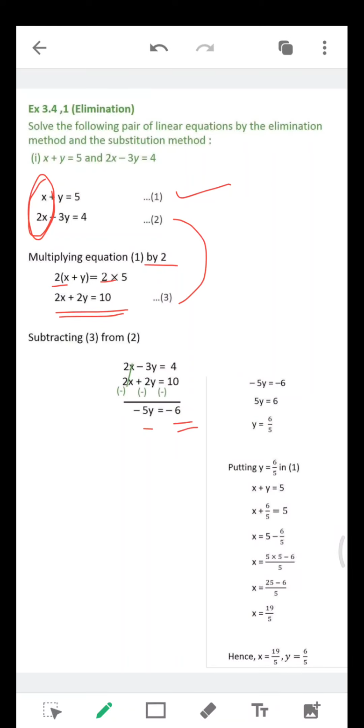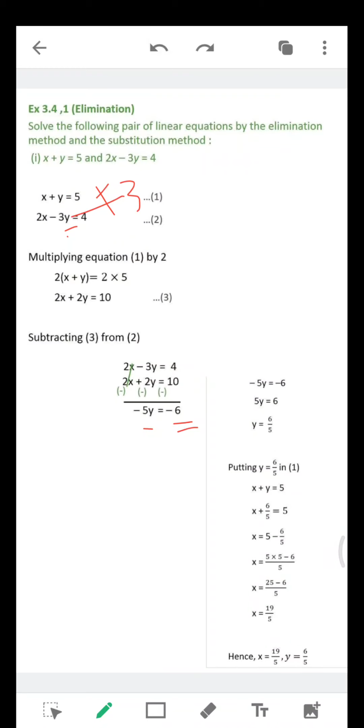Another way you can do here is, you can make the coefficient of y equal. So how to make the coefficient of y equal? You can multiply equation 1 by 3, because this is 3y, so 3 comes here and 1 comes here.